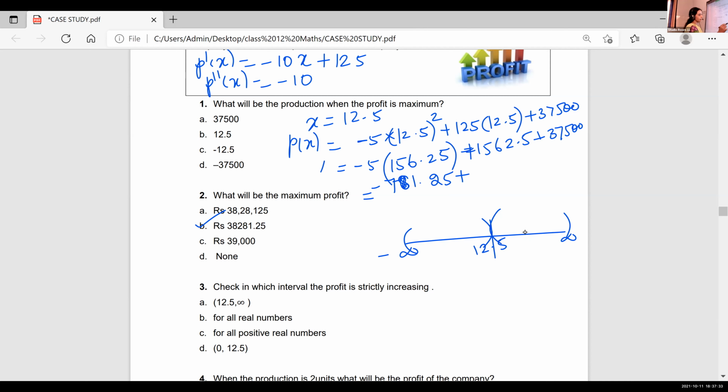So you select one value within this and substitute it in p dash of x and check is it positive or negative. If it is positive, it is increasing. And if p dash of x is negative, it is decreasing. So find out in which interval the profit is strictly increasing. Find out the answer.